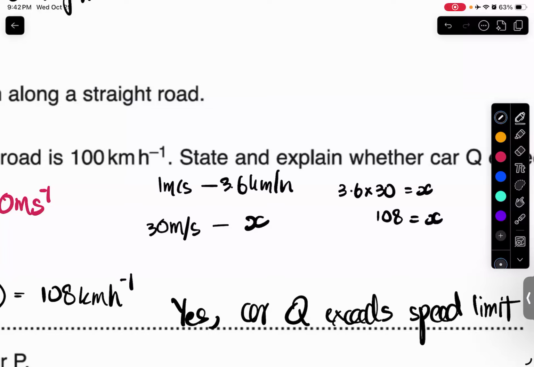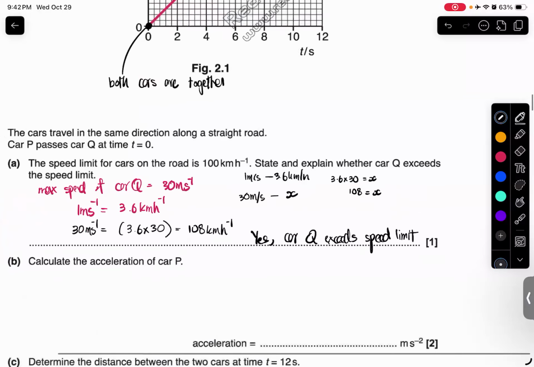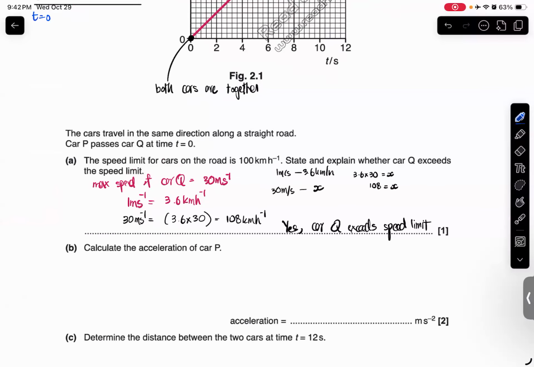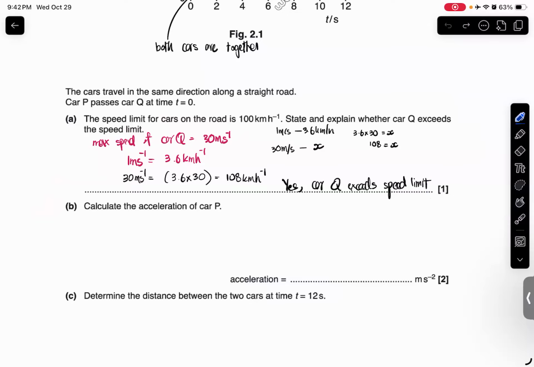That's how you get the answer. You can convert the speed into meters per second as well and then compare it, but 100 kilometers per hour is better.